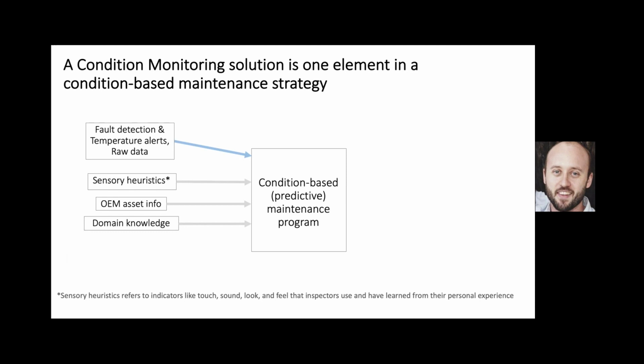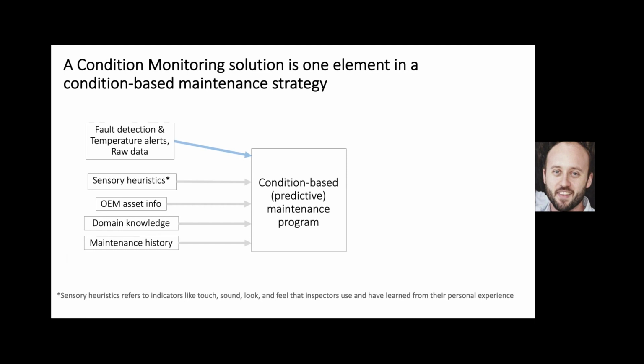Sometimes certain pieces of equipment are mounted in certain ways where you know that it's going to increase the probability of a shaft being bent or a bearing being worn out quickly. So all of these types of domain knowledge we don't want to neglect. And then there's also the maintenance history as well. So understanding historically how similar assets have performed is something we want to build into our maintenance program.